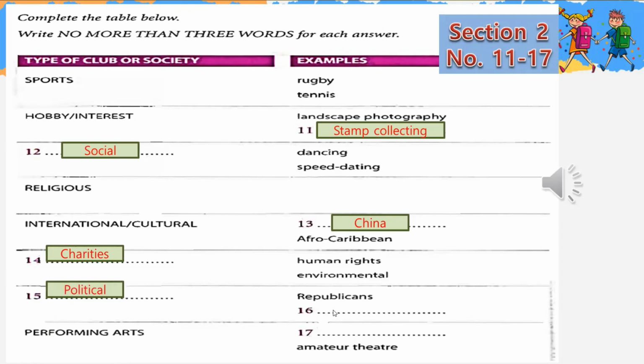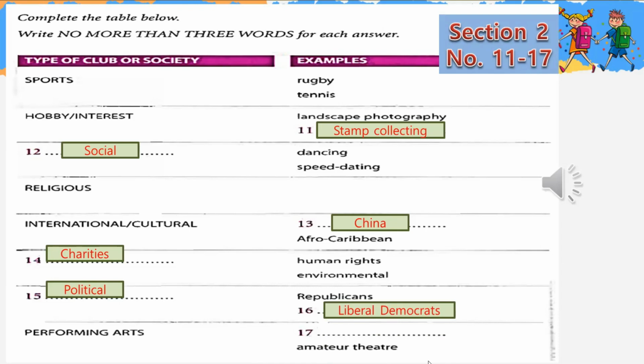And then for number 16, after the example of Republicans, the speaker mentioned Liberal Democrats doing the same for the party. So the correct answer here will be Liberal Democrats.